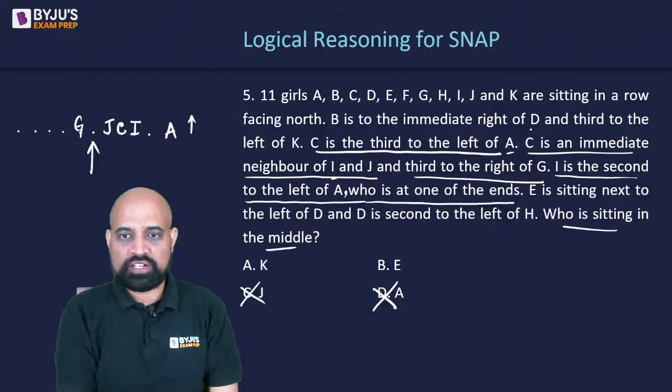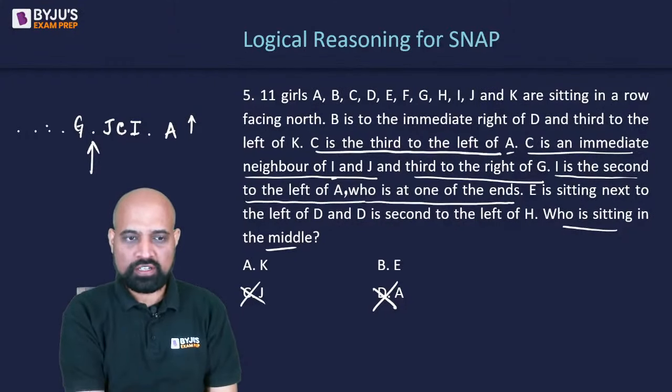B is to the immediate right of D and third to the left of K. B is supposed to be immediate right of D and third to the left of K. K can't be here because his third to the left will not work. K can be here, so that first, second, third to the left, we can have B, but then D will not have any place, right?